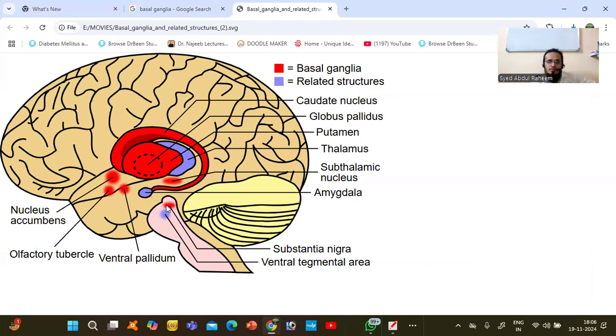Here you have substantia nigra, ventral tegmental area, nucleus accumbens, olfactory tubercle, ventral pallidum. So all these are related structures of the basal ganglia and basal ganglia centers.